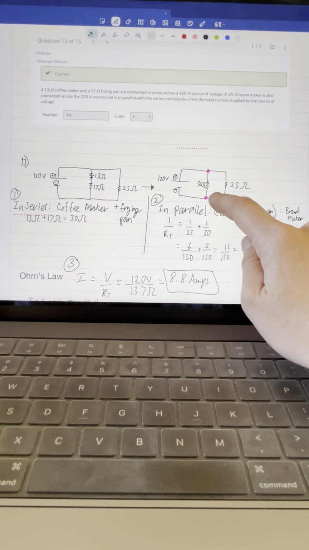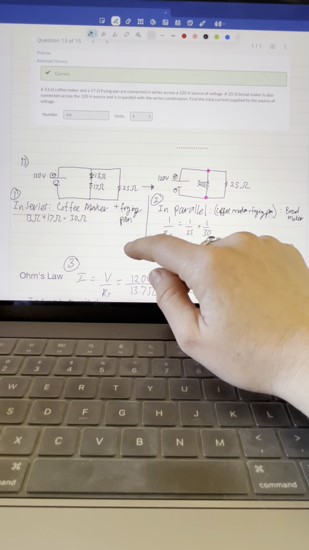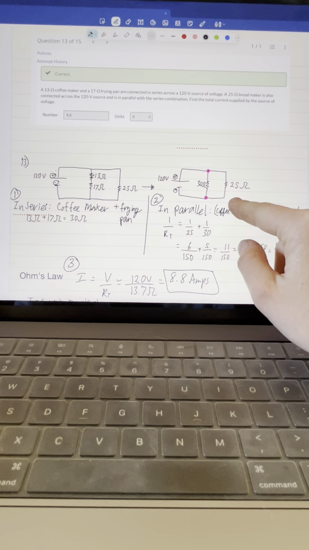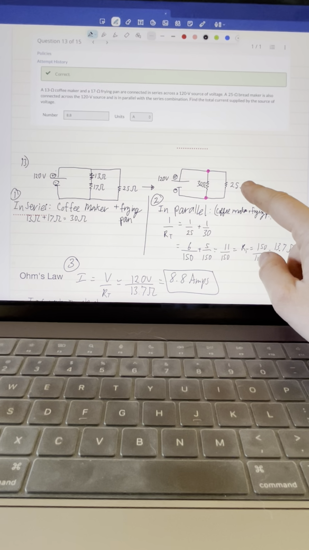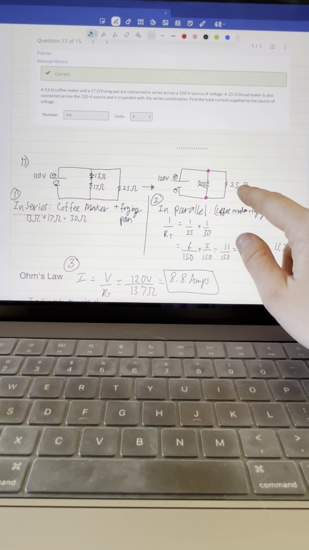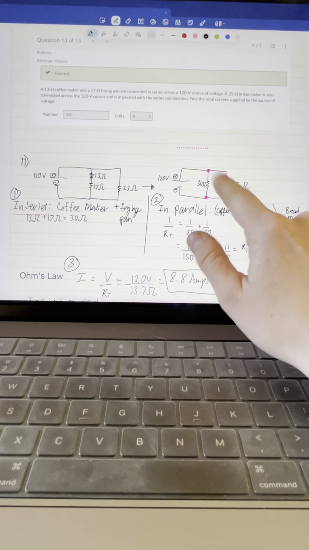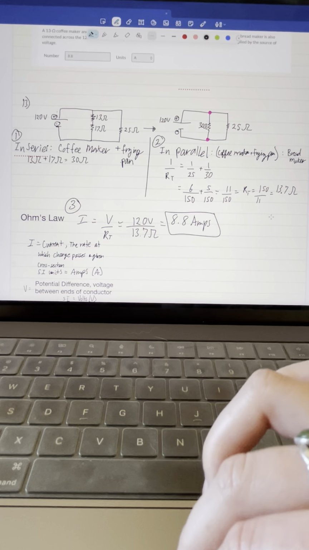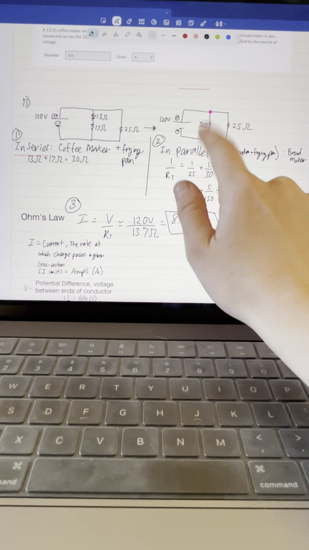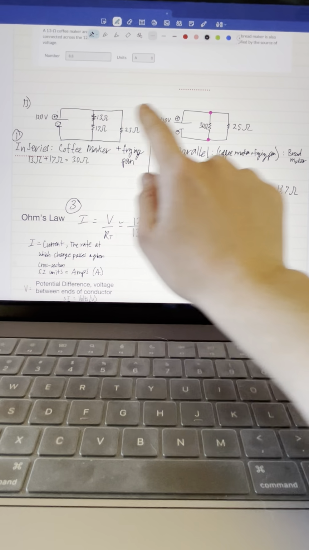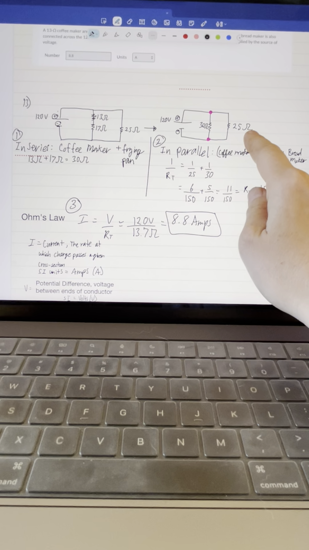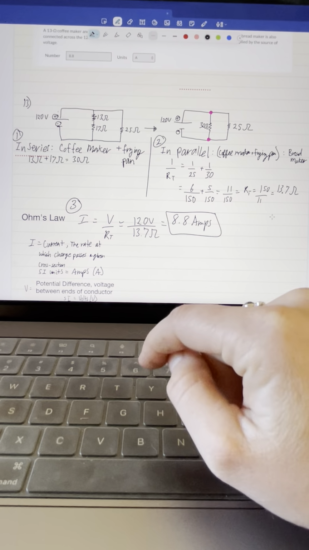And then we have the 25 ohm bread maker, which is connected in parallel to the source. So this is my completed simplified image. This is just what they described, and it's easier for me to do all the calculations later.